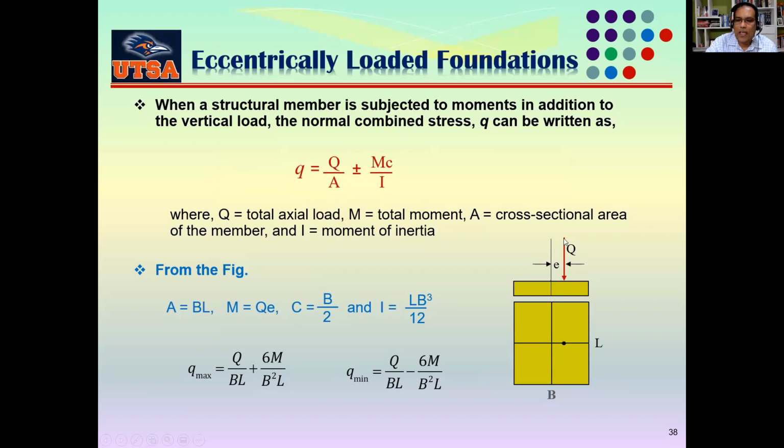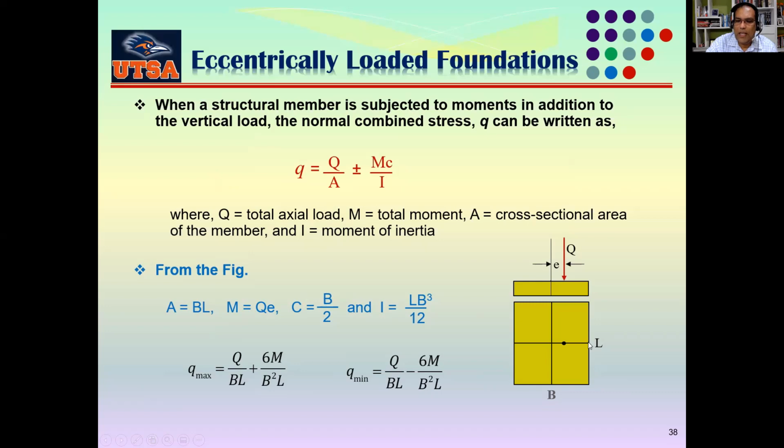The distance from here to here is E, and this is your Q. So this is causing a moment of Q into E. The area of the foundation is B into L. And C is B by 2.